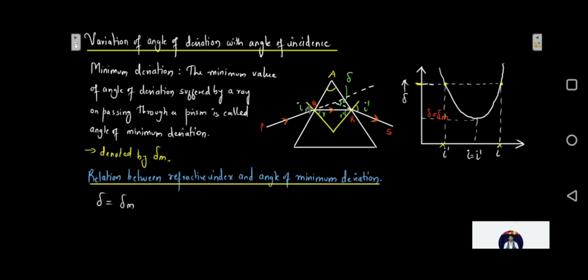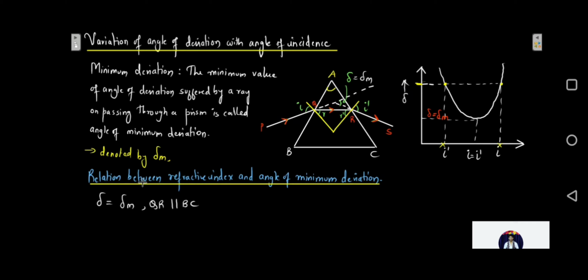That is, it will be passing parallel to the base of the prism. So supposing the prism base is BC, then this ray of light passing through the prism, QR, will be exactly parallel to the base BC. So at the condition of minimum deviation, when delta is equal to delta m, QR will be parallel to BC. The ray passing will be exactly symmetric, passing symmetrically through the prism.